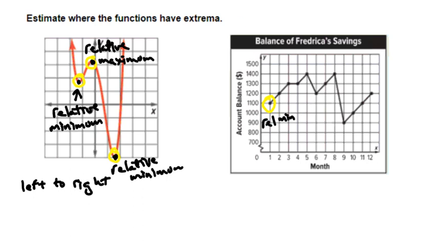And right here, it's kind of a turning point. It's going up here, and then it goes to zero. So I guess you could say it's a relative maximum.